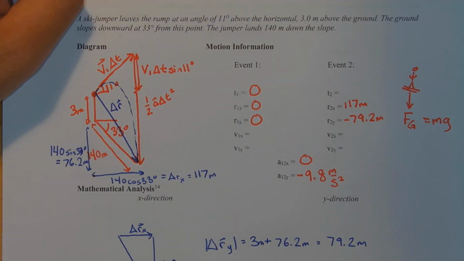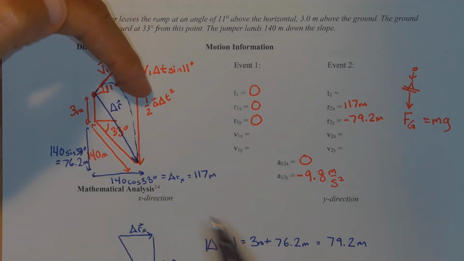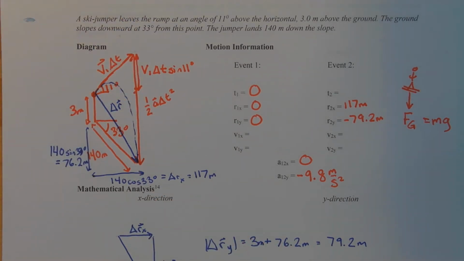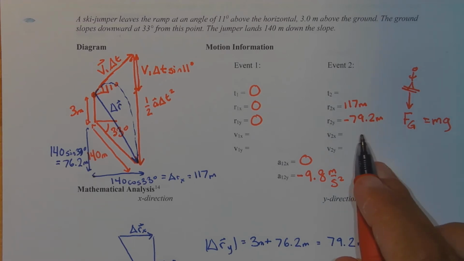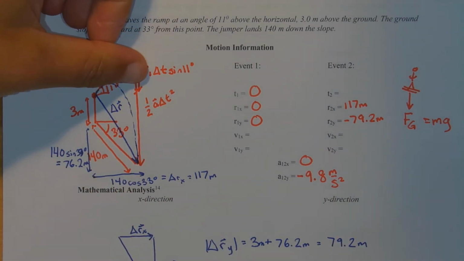So this is v1 times delta t times sine of 11 degrees, plus, to make up this entire distance, I have to add to that 79.2 meters to go all the way from here to here.